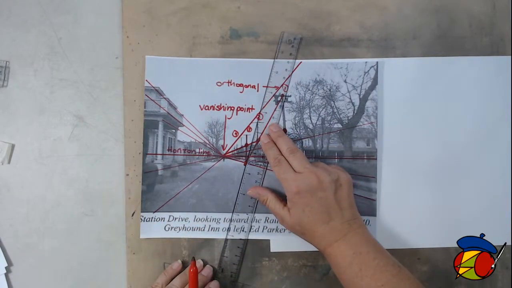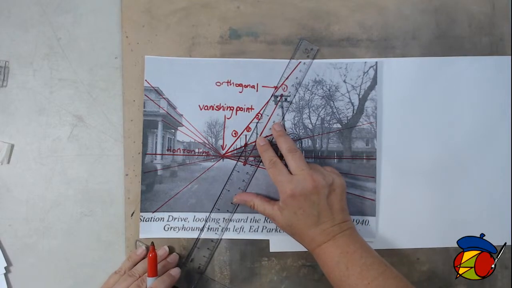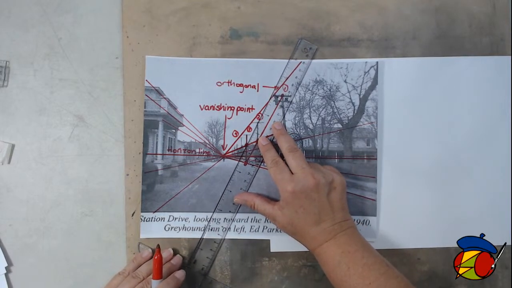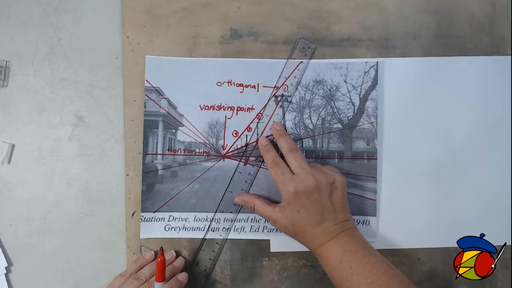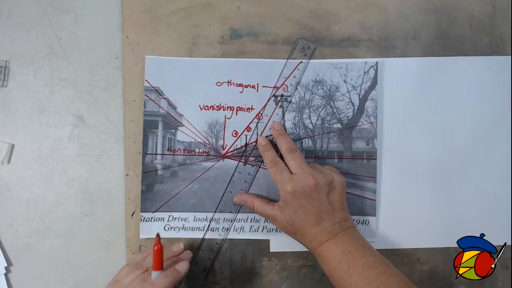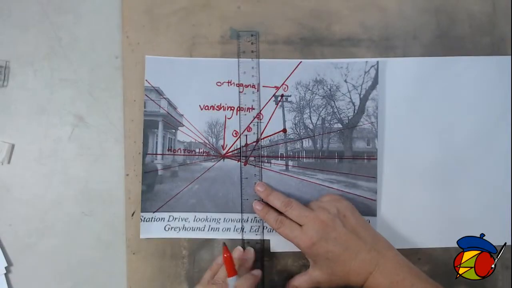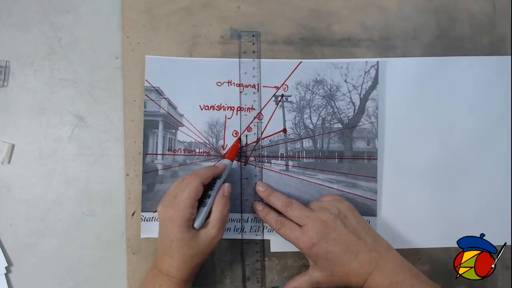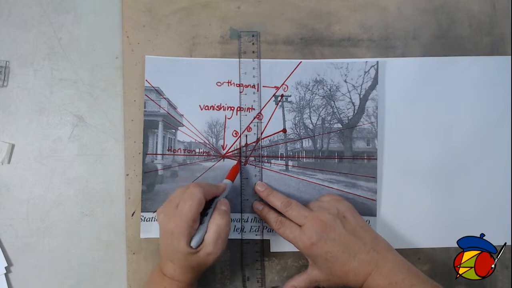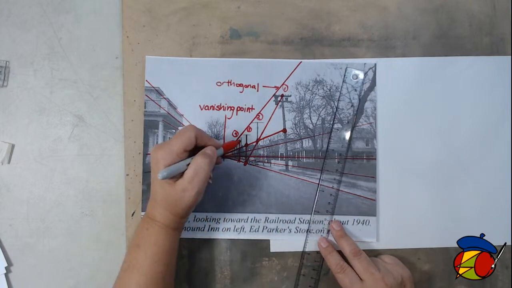I take the top of the second one, line up my ruler with the top of the second one through the middle of the third one. I make the little mark and I get, approximately, where that fourth telephone pole should be.